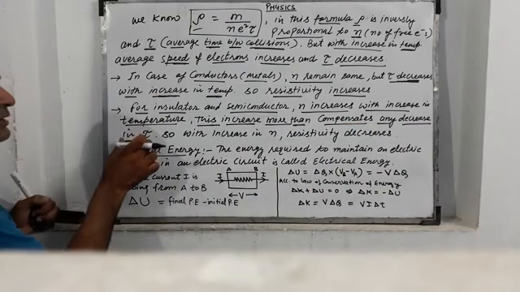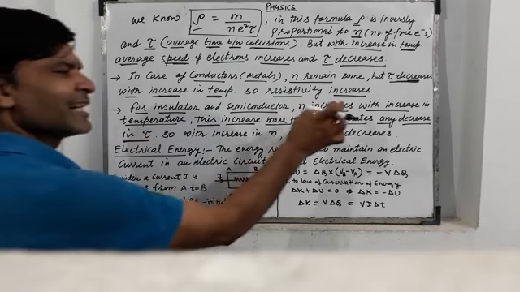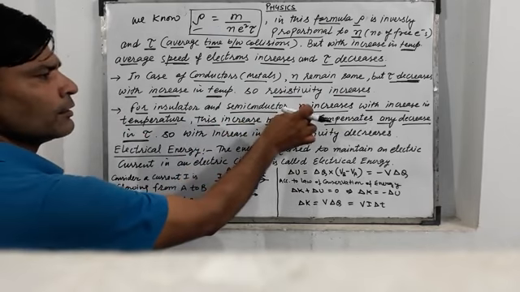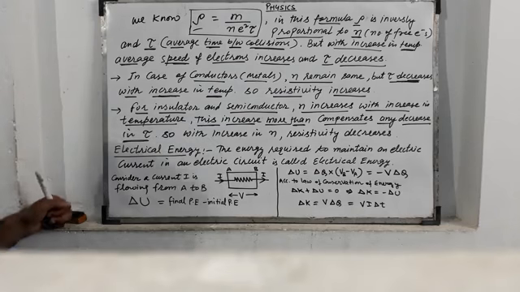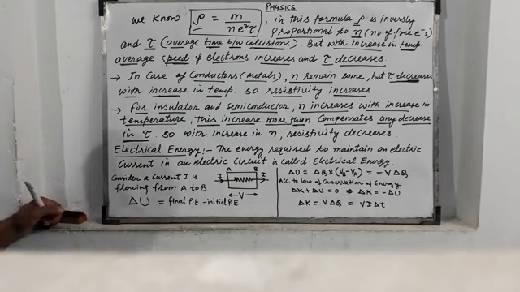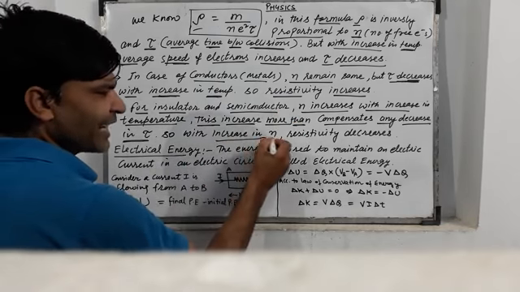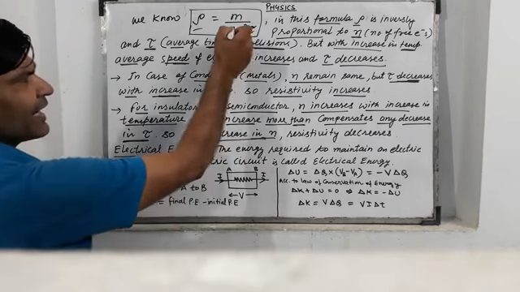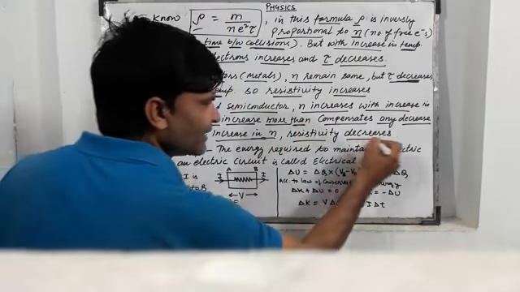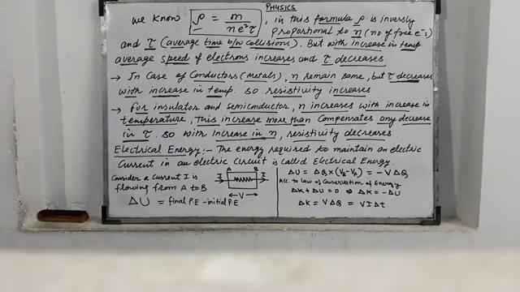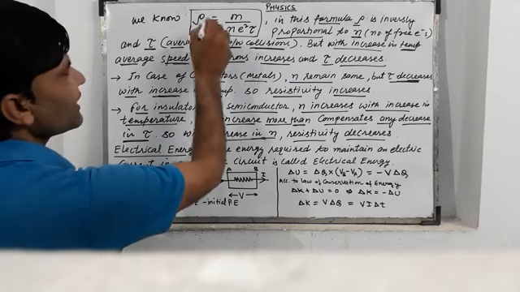So the decrease in tau is compensated by the increase in the number of free electrons. When n increases, resistivity decreases.